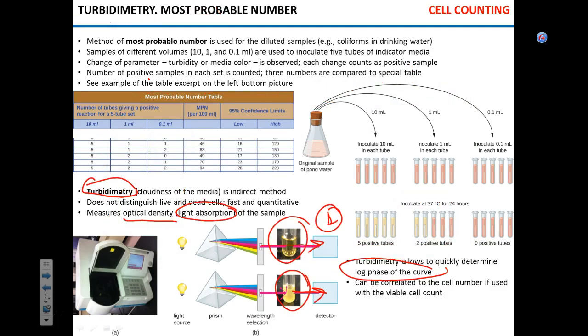Which brings us to the last method that we're going to talk about. It's called the most probable number method. Now let me introduce the application, why we're going to use it. Think about, again, water in Lake Erie, for instance.